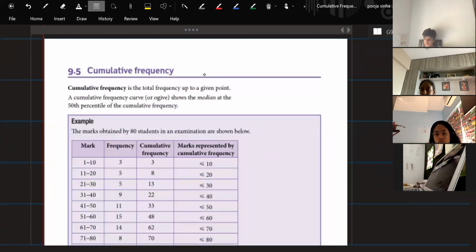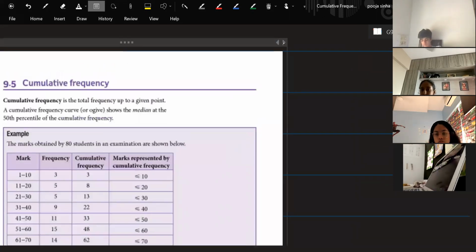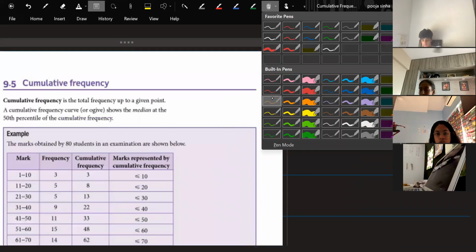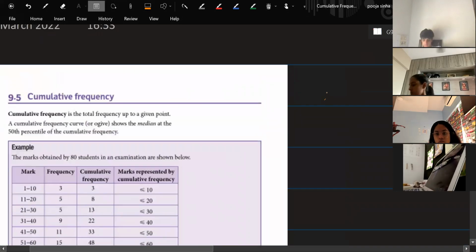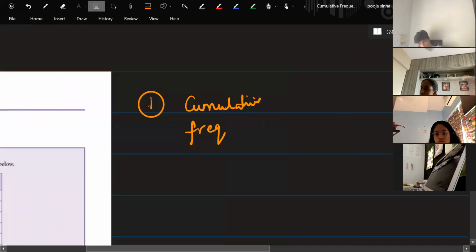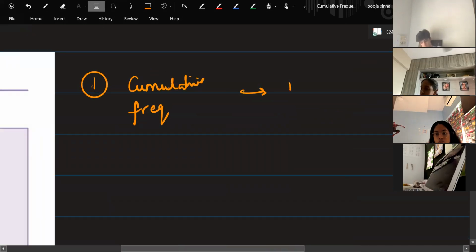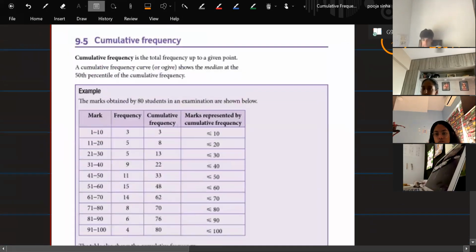It's used for only finding out the median. Whenever you are asked to find out the median, the cumulative frequency comes there only. Cumulative frequency is associated with median. So that's your first point to be remembered.